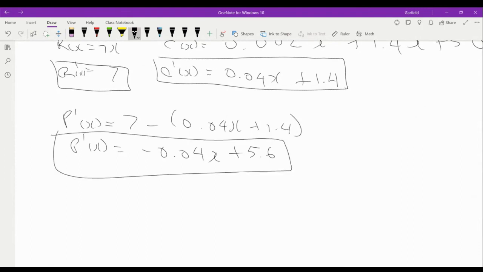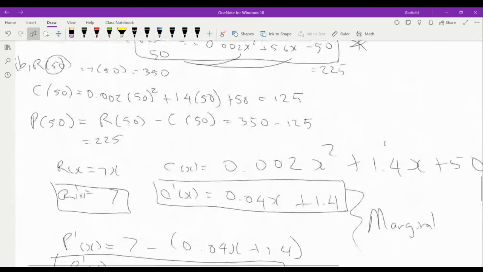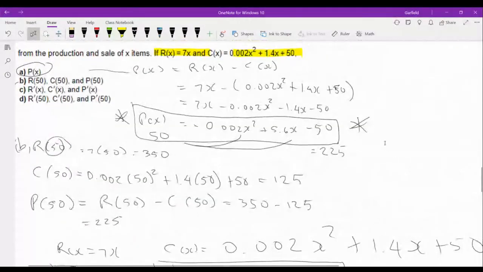Now all of these, the derivative is a marginal revenue, marginal cost, marginal profit once we plug in the numbers. And we are going to plug in the numbers, which is 50.